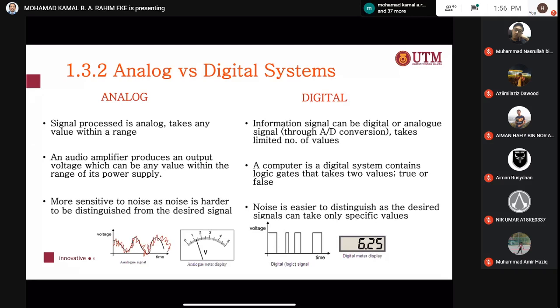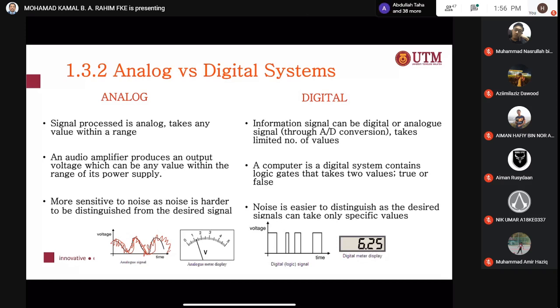In this case, we know it is following the envelope, but it is a bit more difficult to recover the signal from the analog, because the noise can be inside the amplitude here.